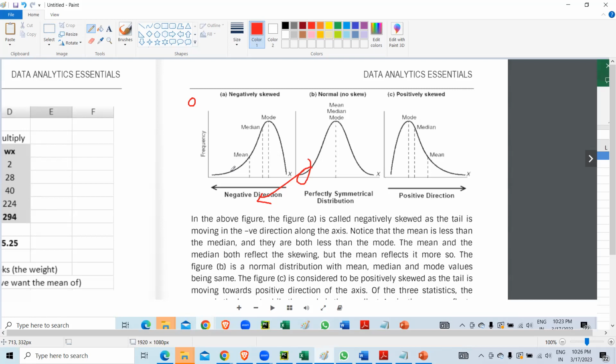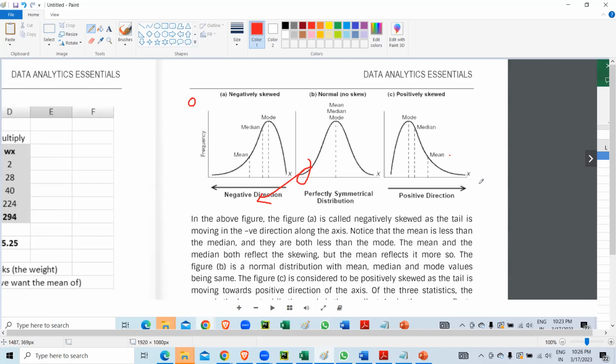Now look at the C, the third graph here. Somebody is holding this and pulling it. So what happened? That means you're adding outliers on the right hand side, higher values. When you add outliers on the right hand side, mean will run more towards the right hand side.